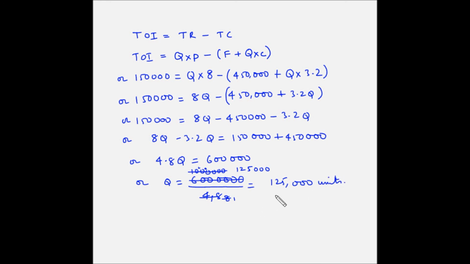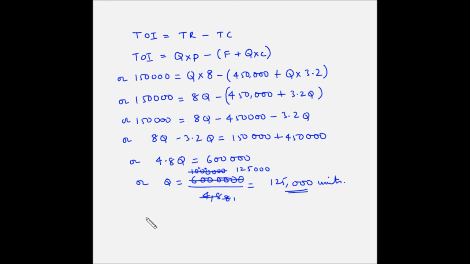So basically here, since we are saying that on an average the check for a customer is $8, this number indicates that to achieve a targeted operating income of $150,000, we need to have 125,000 customers with an average check of $8.